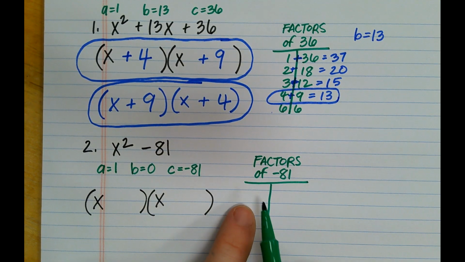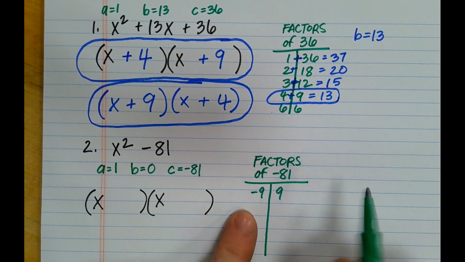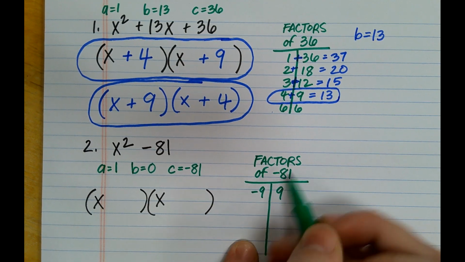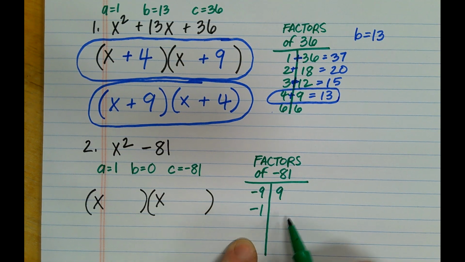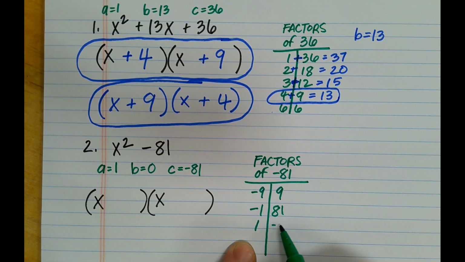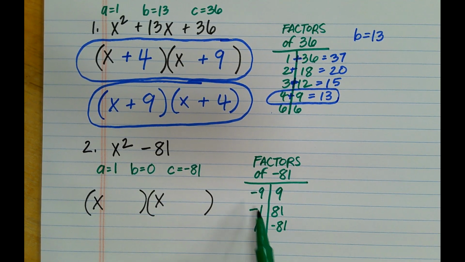We need to have a negative number and a positive number. We could try negative 9 and positive 9. We could have a negative 1 and a positive 81, or a positive 1 and a negative 81. Doesn't matter as long as one's negative, one's positive. So Kenesha told me negative 9 and positive 9.